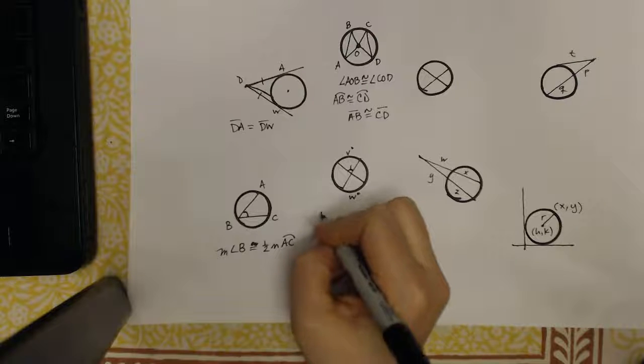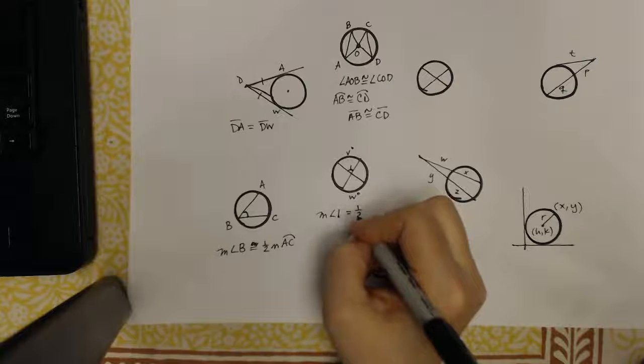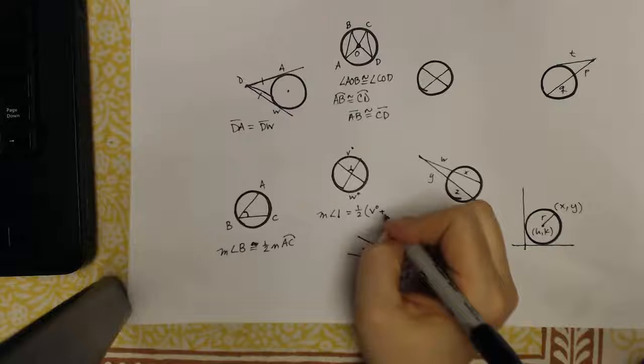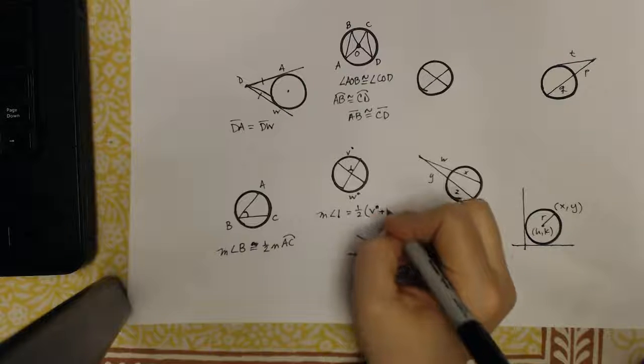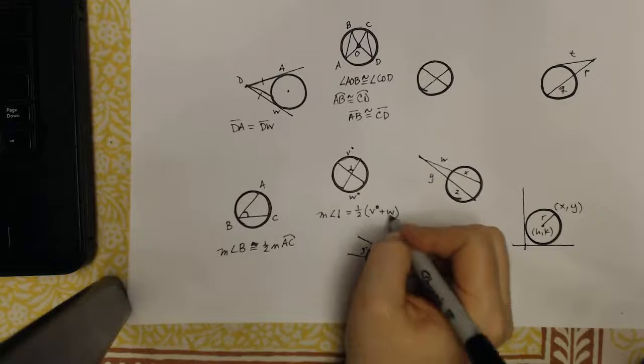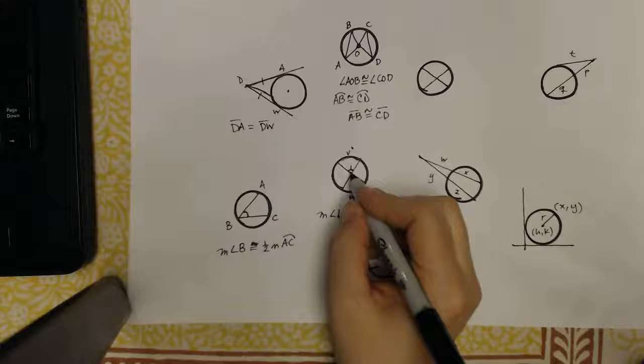So the measure of angle 1 here is going to be equal to 1/2 the two arcs put together. So I measure this arc, this one, add them together, divide by 2, and that will give me the measure of this angle 1.